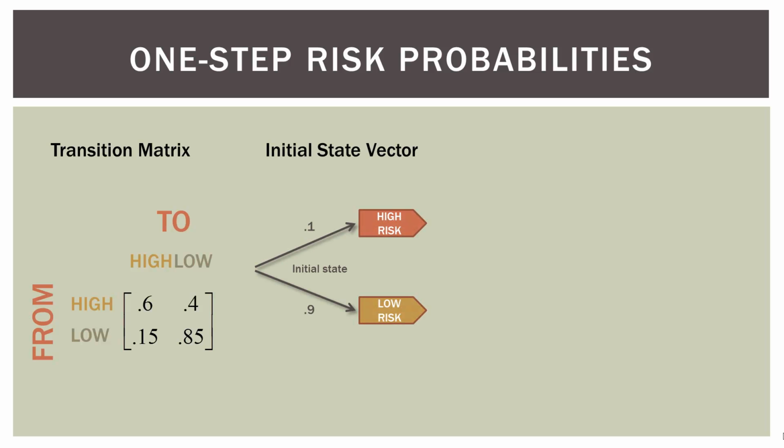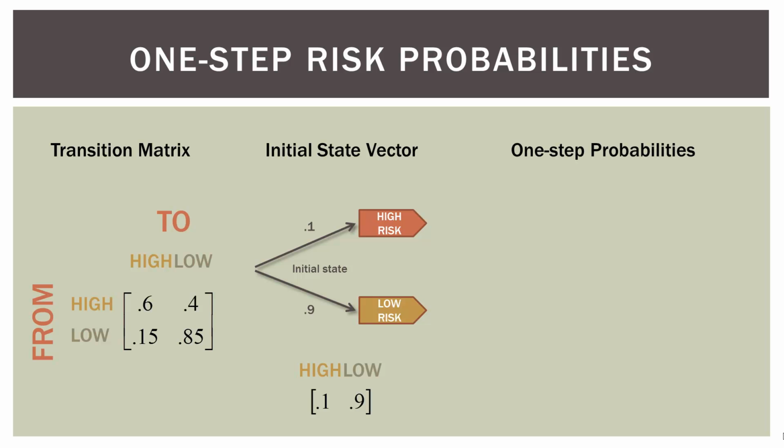Then we have our initial state vector, which is our initial state distribution of 0.1 and 0.9. We've discussed that already. We can also write that as a matrix. So we call this the initial state vector, high and low again, same order. So 0.1 and 0.9 is the probabilities associated with the general driving population.